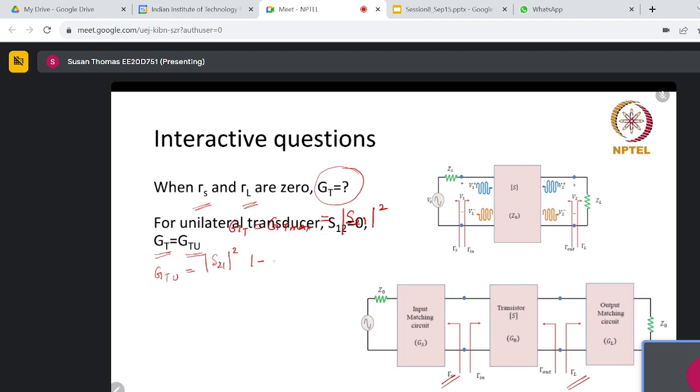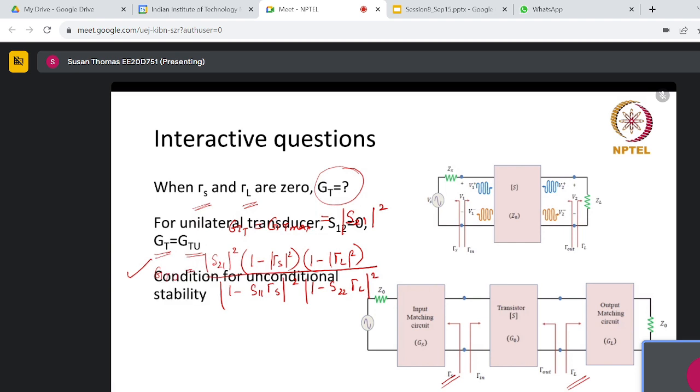Mod S21 squared into 1 minus mod gamma S squared into 1 minus mod gamma L squared, divided by mod of 1 minus S11 gamma S squared into mod of 1 minus S22 gamma L squared. This will be useful to solve the numericals. So just have an idea of what is GTU, the transducer gain in case of a unilateral transducer.